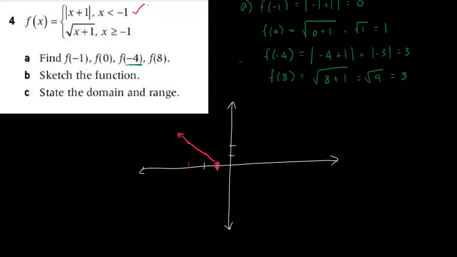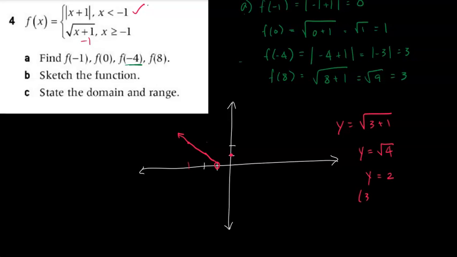Okay, and then let's go ahead and draw the radical. Okay, also it moved left 1. So it's going to start at the same point. Okay, and so up 1 to the right 1. And then let's go ahead and put an input in there that would make it a perfect square. 3 is the perfect input.